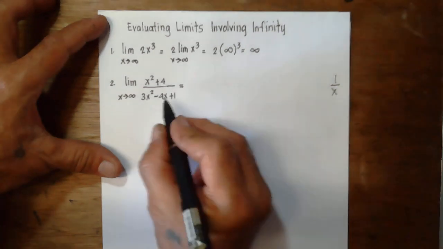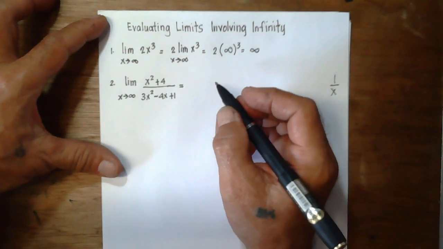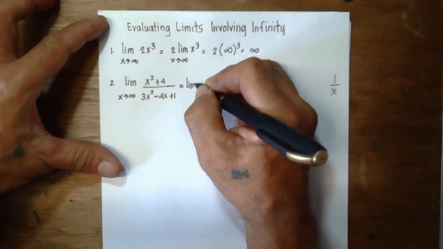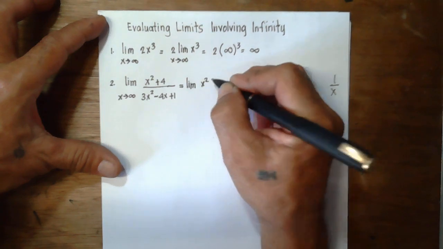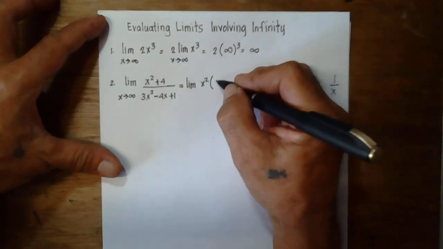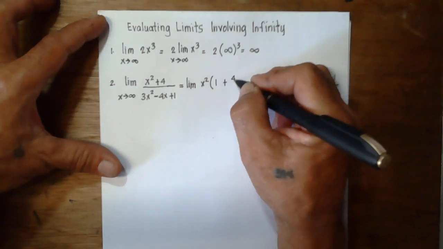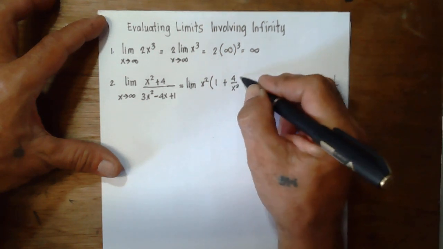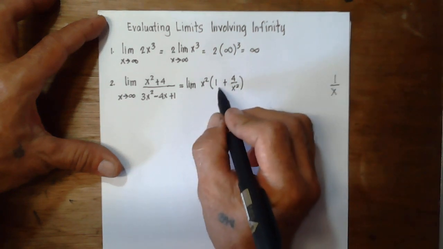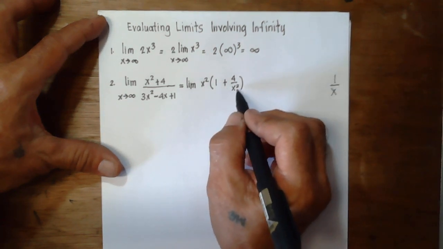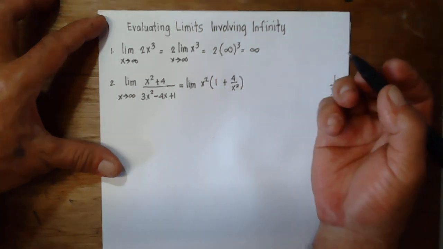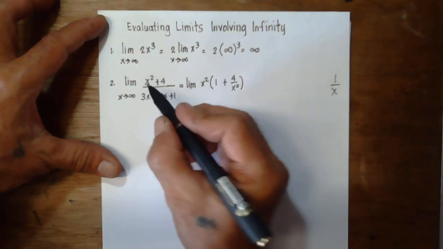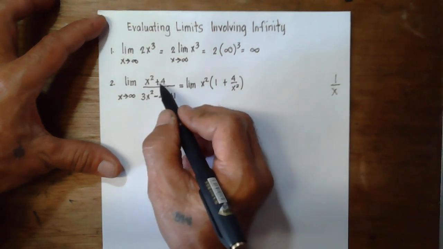Okay? Now, this rational expression can be rewritten as x squared times 1 plus 4 over x squared. As you can see, this term 1 plus 4 over x squared is the result when you divide the numerator by x squared.